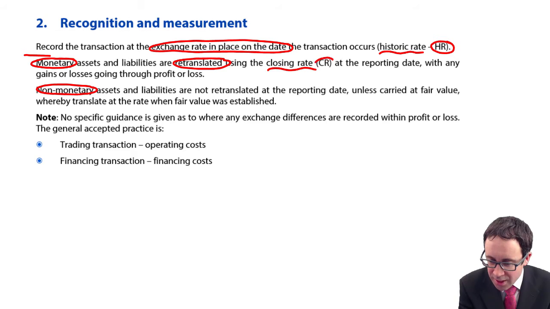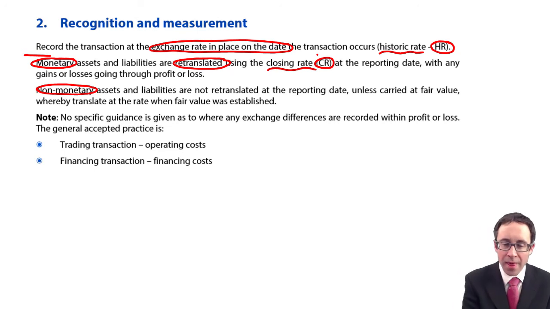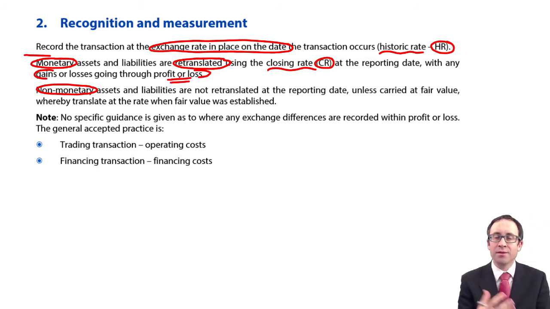They are retranslated at the closing rate, abbreviated to CR for short. And then any gains or losses are recognized immediately through profit or loss. So if there's been increases and decreases in the value of the receivable or payable as you translate it at the reporting date at the closing rate, the gain or loss goes to profit or loss.